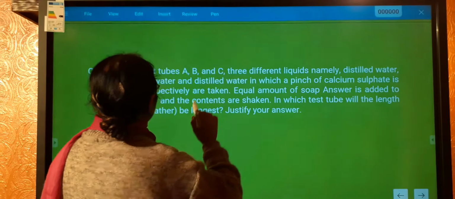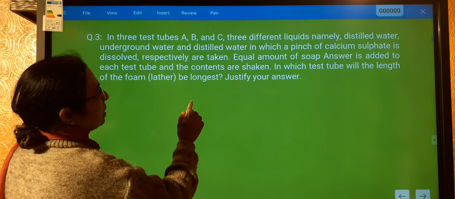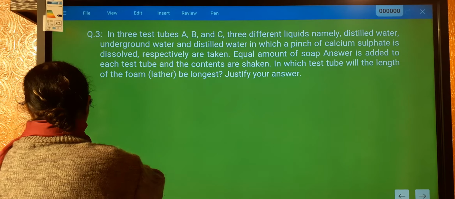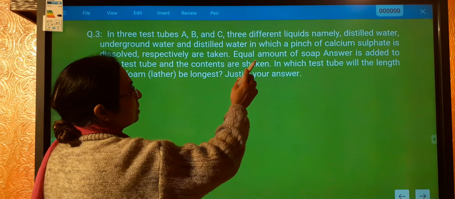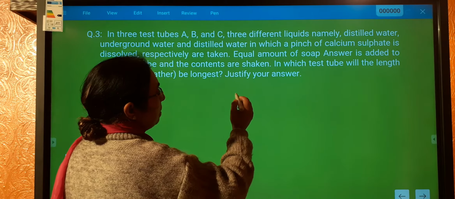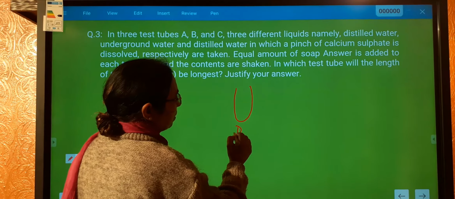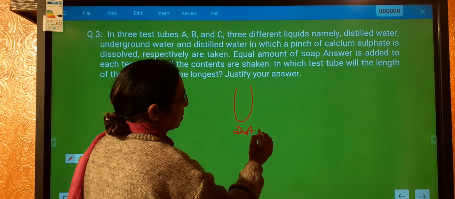That is, in 3 test tubes A, B and C, 3 different liquids. In the first test tube we have distilled water.